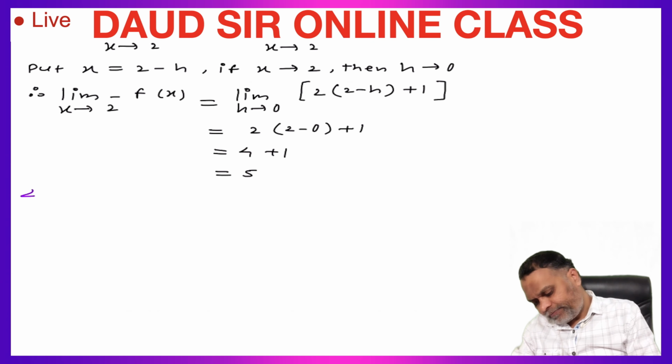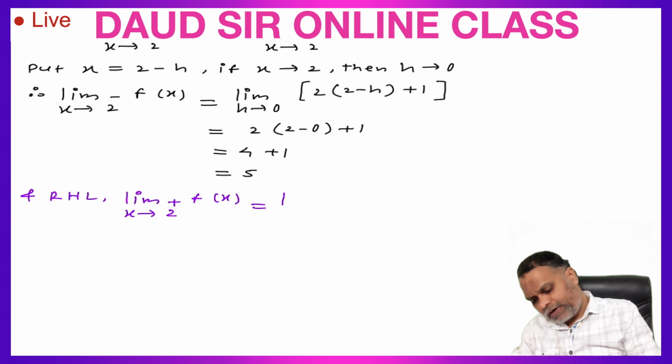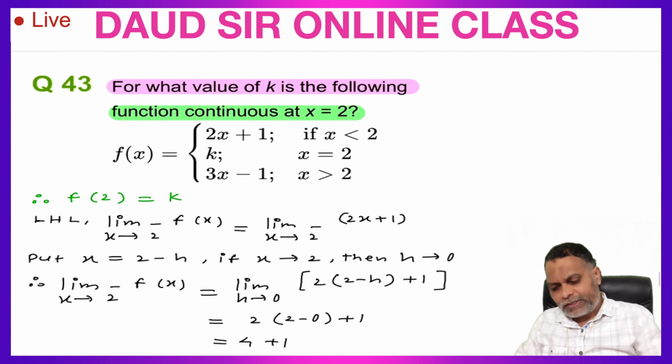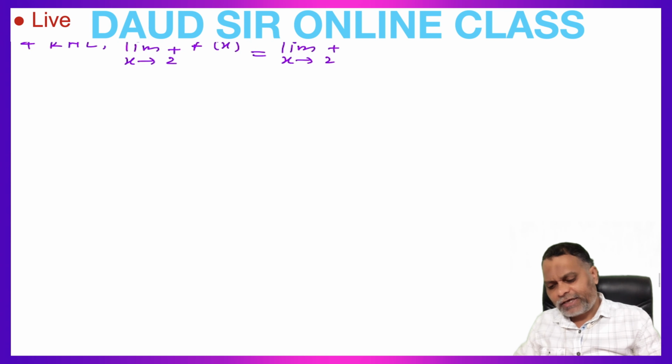And right hand limit: limit x tends to 2 plus, f of x is equal to limit x tends to 2 plus, where x is greater than 2. Here x is greater than 2, so take this function, 3x minus 1.